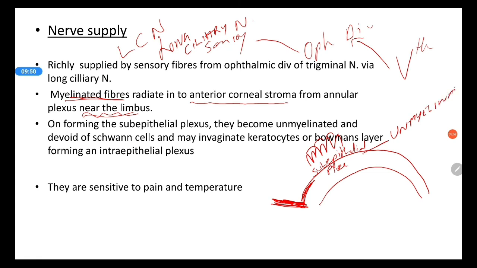They are devoid of Schwann cells. There are also hypotheses that these Schwann cells get invaginated by the keratocytes present in the stroma or Bowman's membrane, and then it becomes part of an intraepithelial plexus. These nerve fibers are sensitive to pain and temperature as these nerves go deeper into the stroma.